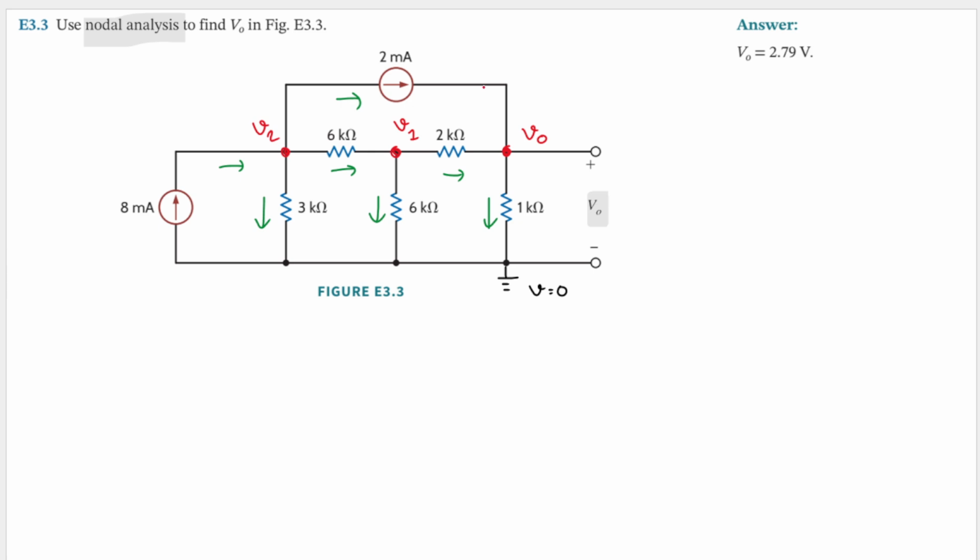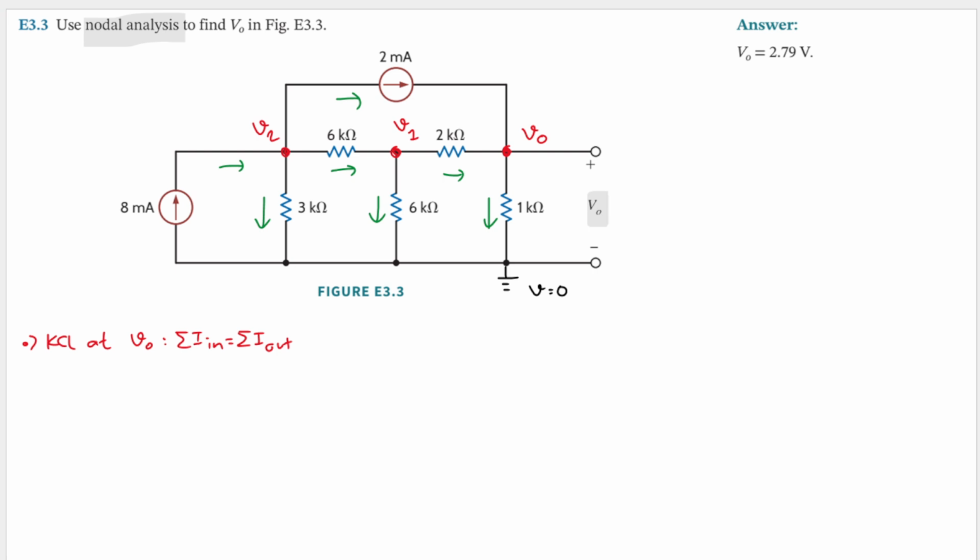Let's start from the lowest number node, which is V0. Let's do KCL at V0. KCL says that the sum of the current that goes in will equal the sum of the current that goes out, right? And here there are two currents that go in, which is this one and this one.